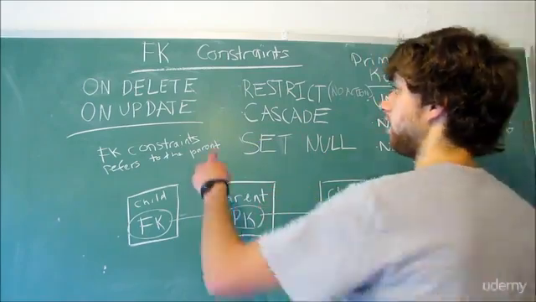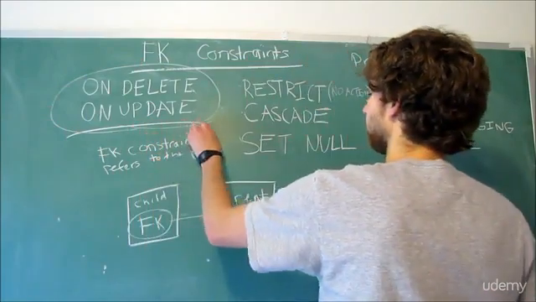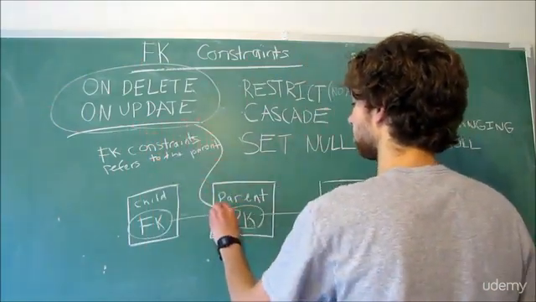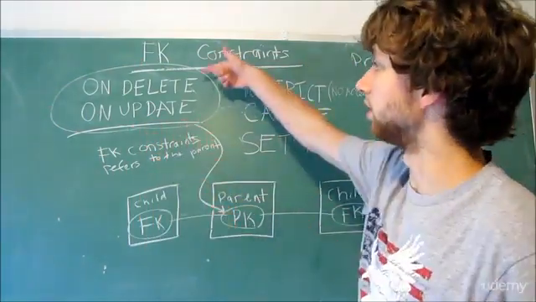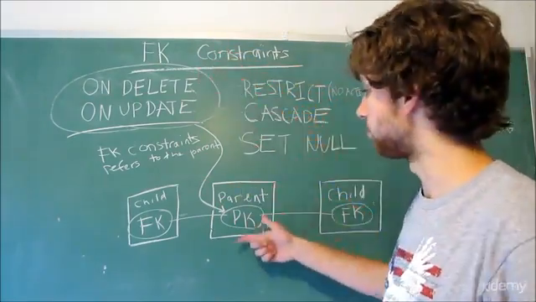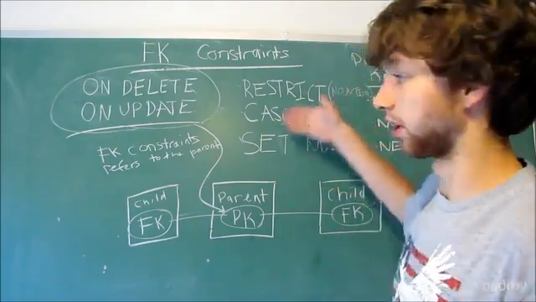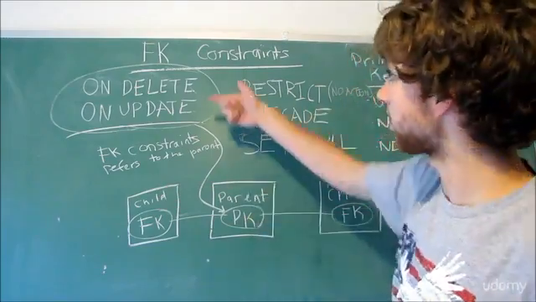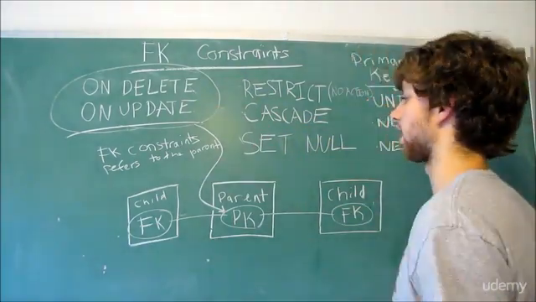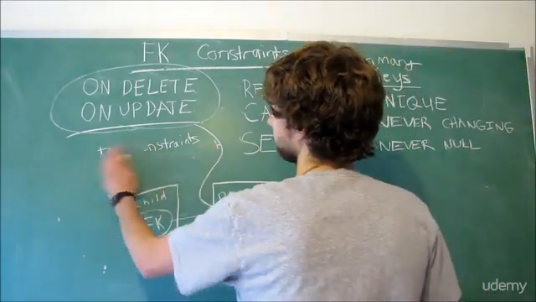Now, these values right here, these options, refer to the parent. So when we delete the parent or when we update the parent, we want the same thing to happen to the child, or whatever the options are, and we'll talk about the options in a second. So that's kind of how these work. Now just to clear things up, I'm going to erase these words here just because it's getting a little crowded.